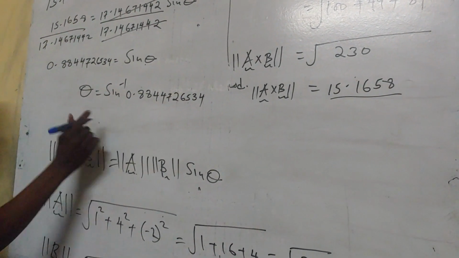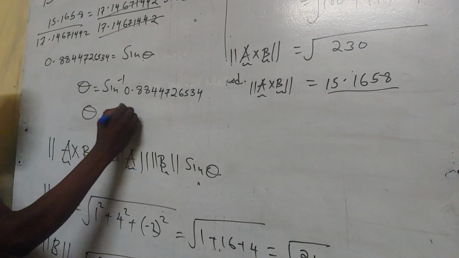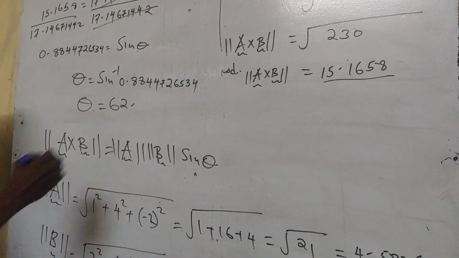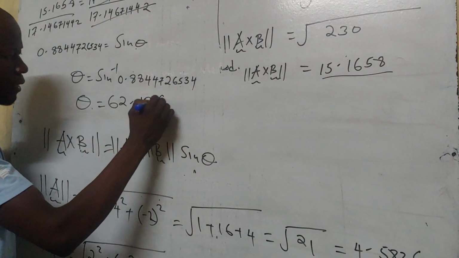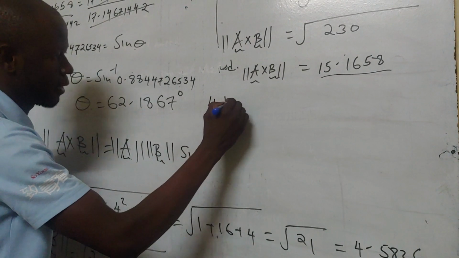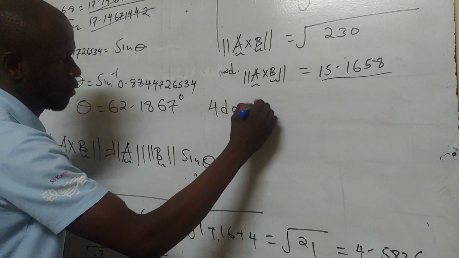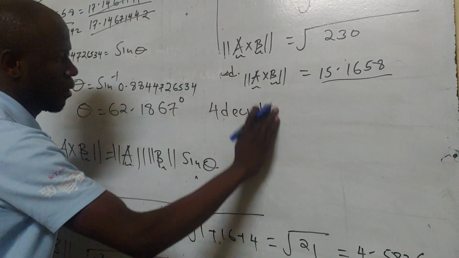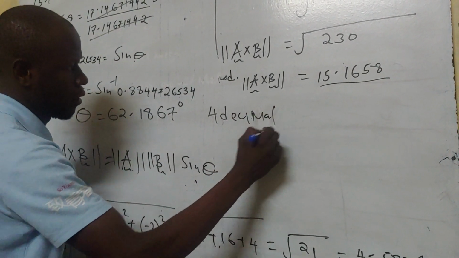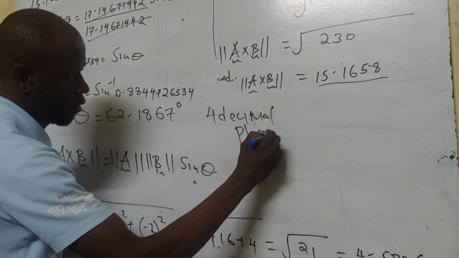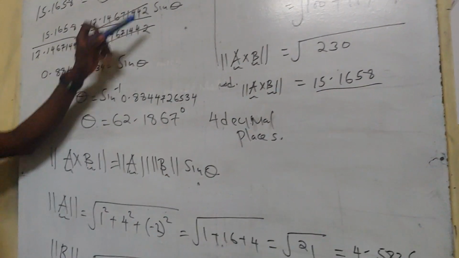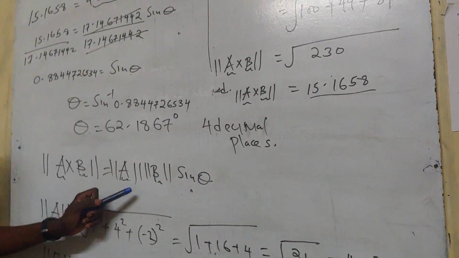That will give us the angle to be 62.1867 degrees, to 4 decimal places. So that gives the entire process of finding the angle between two vectors using the cross product.